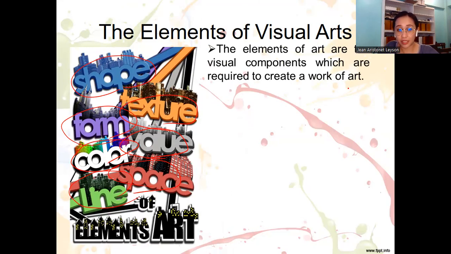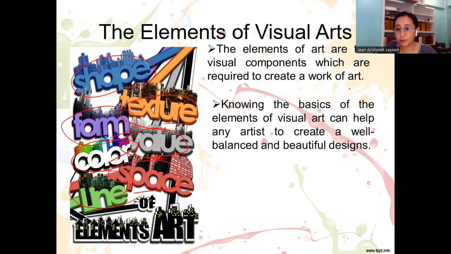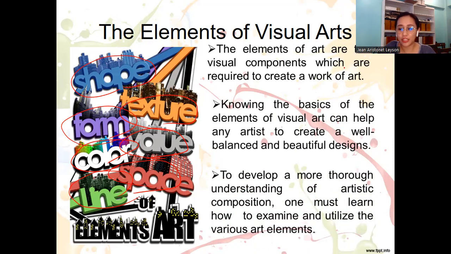Knowing the basics of the elements of visual art can help any artist to create well-balanced and beautiful designs. To develop a more thorough understanding of artistic composition, one must learn how to examine and utilize the various art elements.